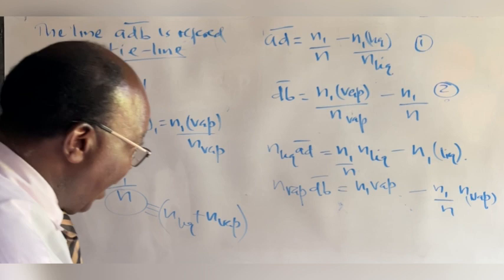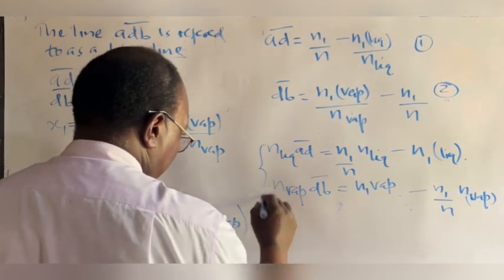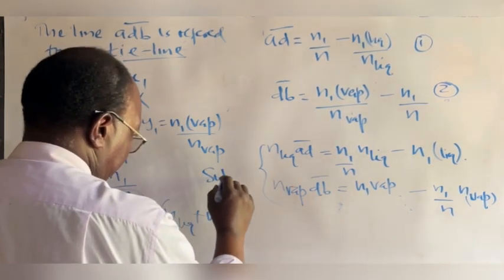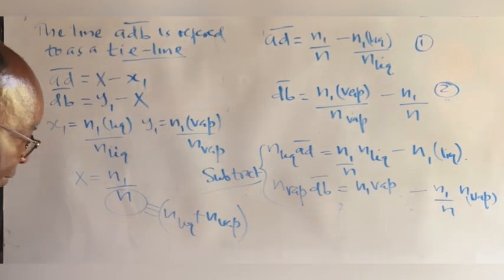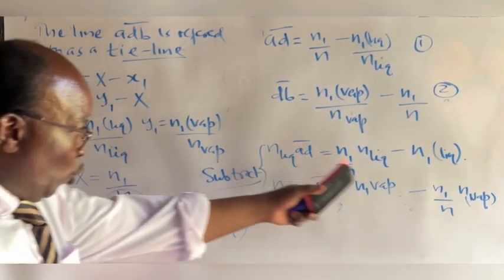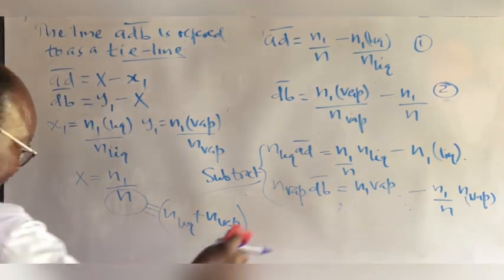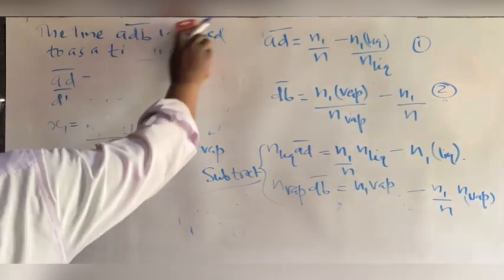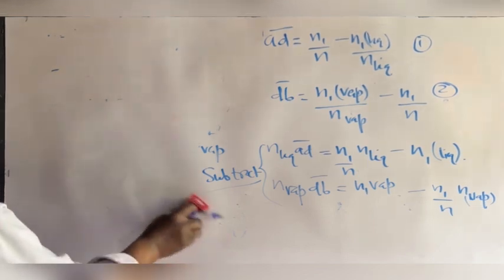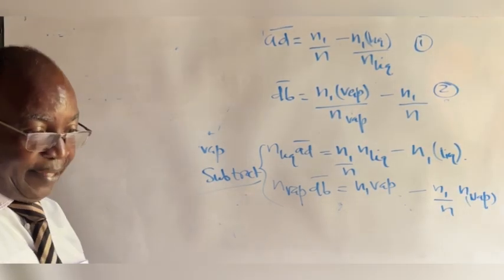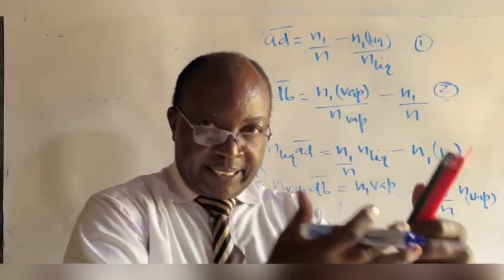So if we subtract these two quantities, what do we get? Very, very simple. We are just doing some simple arithmetic here of just multiplying and subtracting.